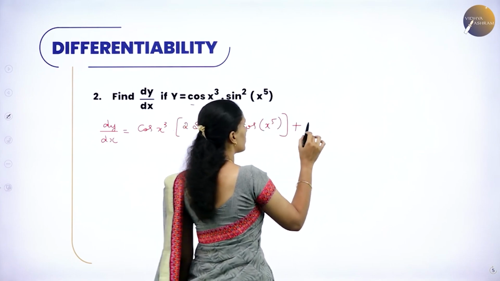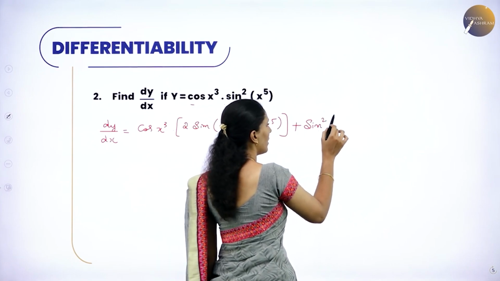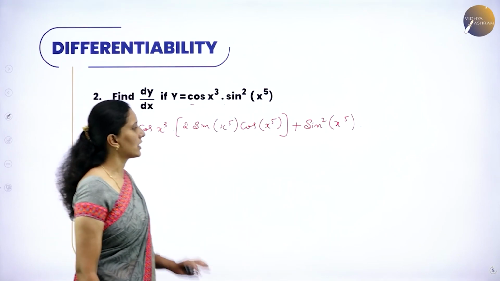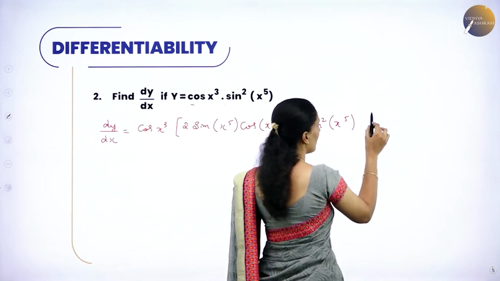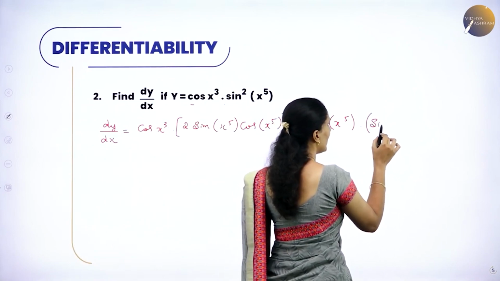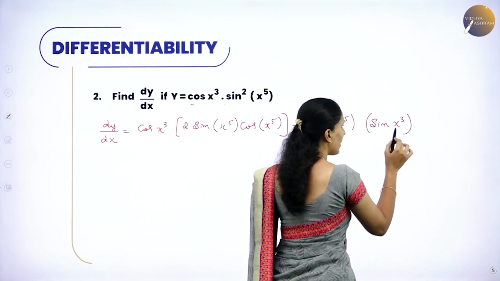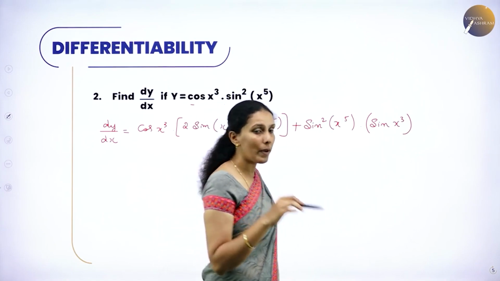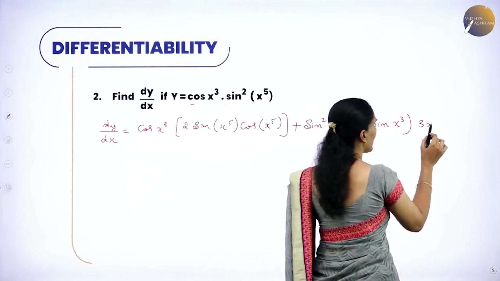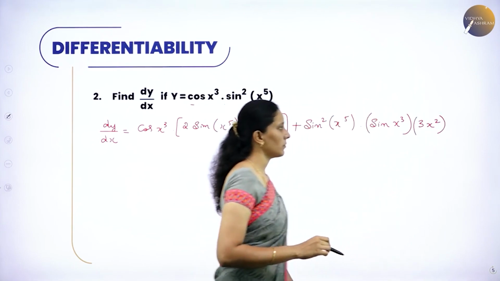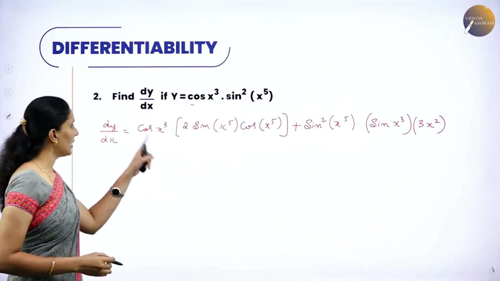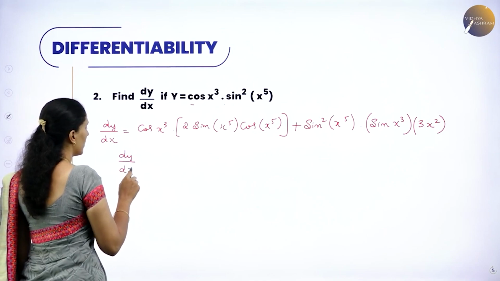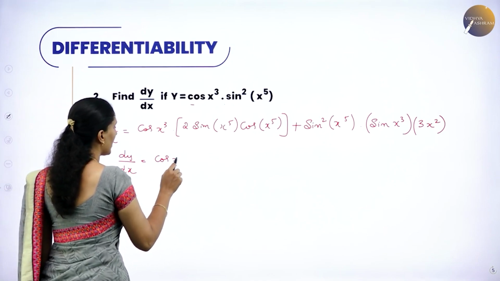Plus second function, that is sine square x to the power 5 into derivative of the first, that is cos x cube. What is derivative of cos x cube? It is sine x cube, but we have x cube inside sine function. So that is why we have to derive x cube again, which becomes 3x square. Now clearly you can see here dy by dx is equal to cos x cube.